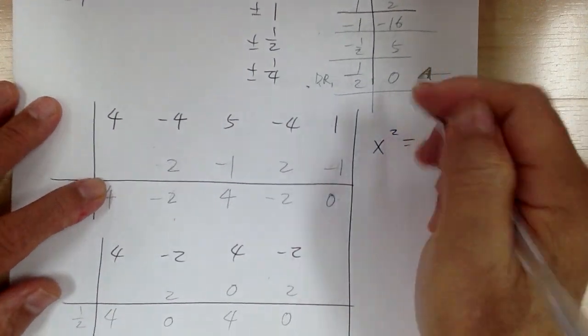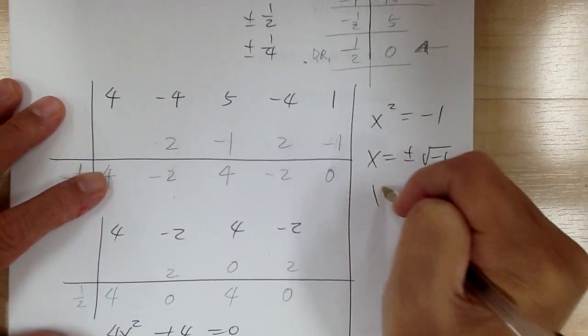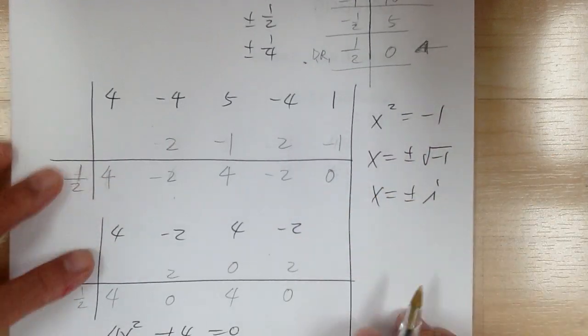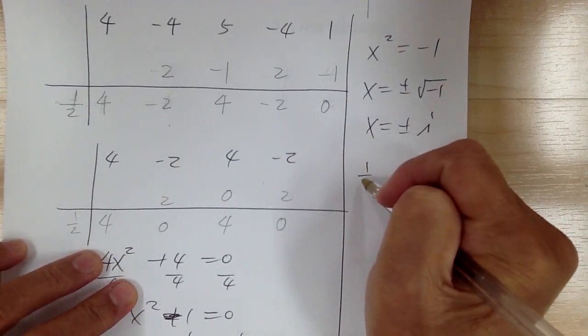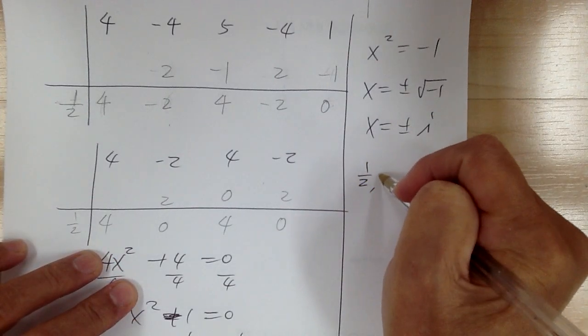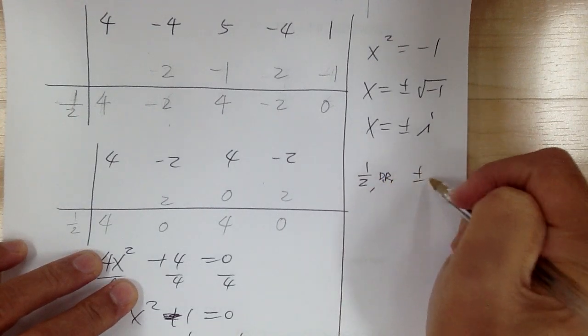And you take the square root, so x equals plus or minus the square root of -1, so x equals plus or minus i. Okay, so the answer you're going to get is 1/2 as a double root, and then plus or minus i.